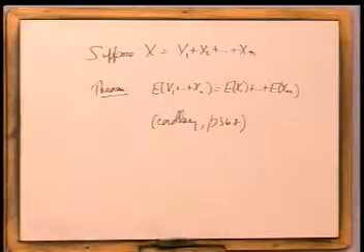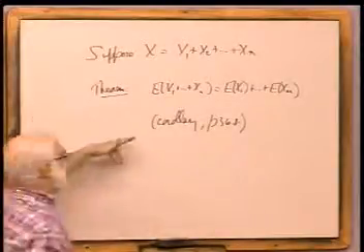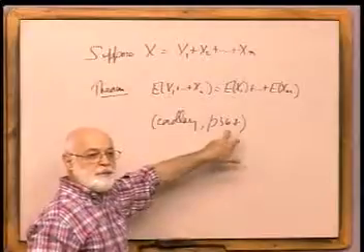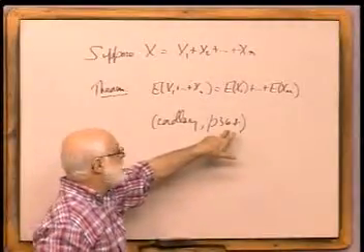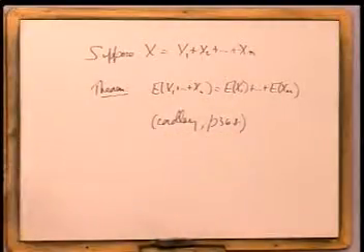Obviously, if I'm going to add up random variables, it ought to be true that the average value of the sum is the sum of the averages. So once you see this, you should believe it. However, the fact that it's a corollary to a bigger theorem and it's not listed until you get to page 368 indicates the difficulty of proving this.